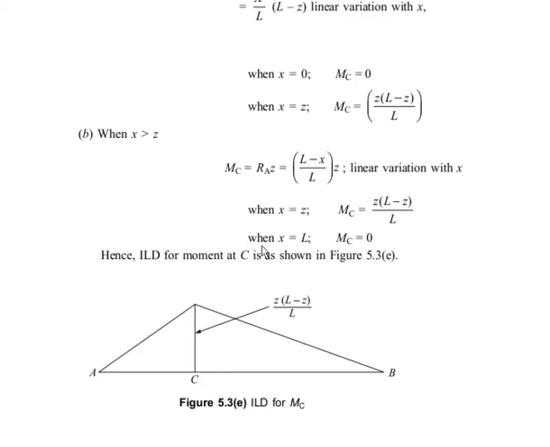And the last case, when x is equal to L, moment about C is equal to 0, that is the zero ordinate at B. So these are the influence line diagrams we are drawing for simply supported beams.